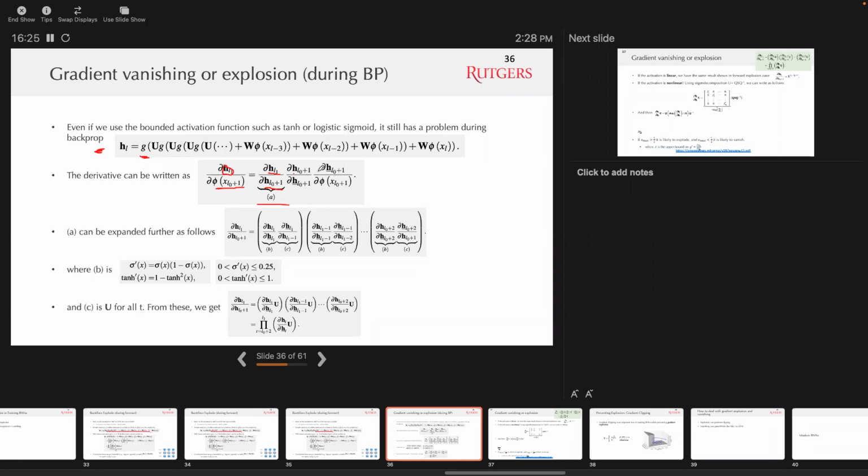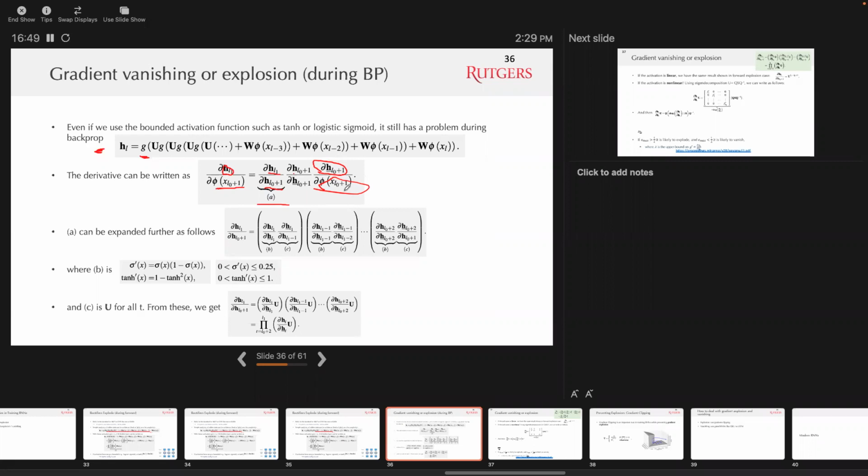And then the third term would be the linear version of this one, with respect to x. So this is going to be the gradient of h1 underline with respect to x1.